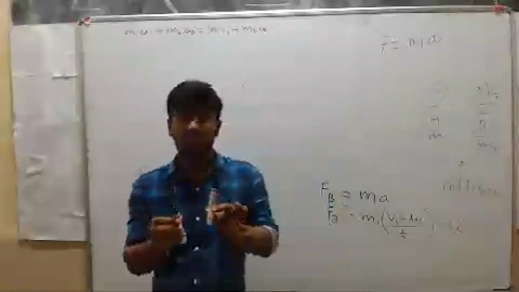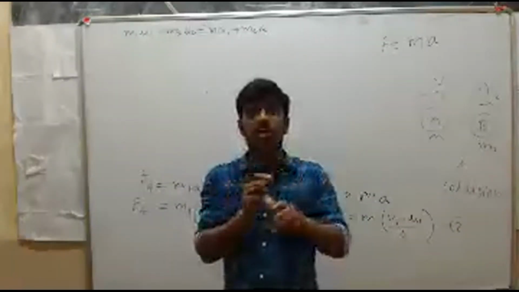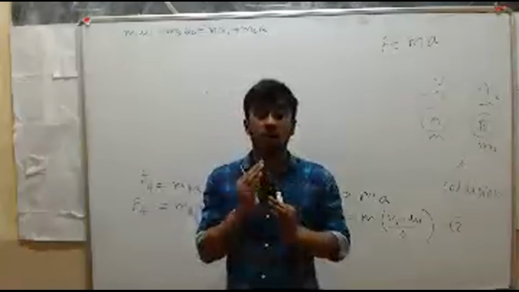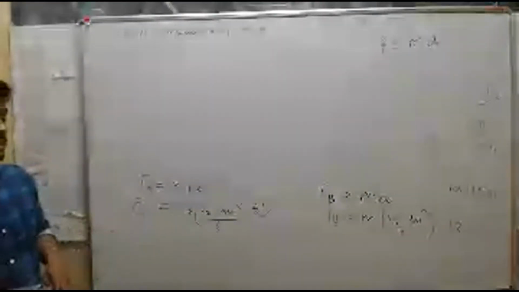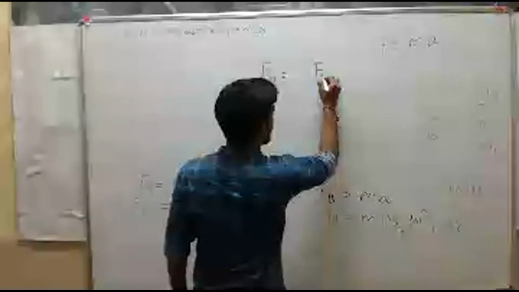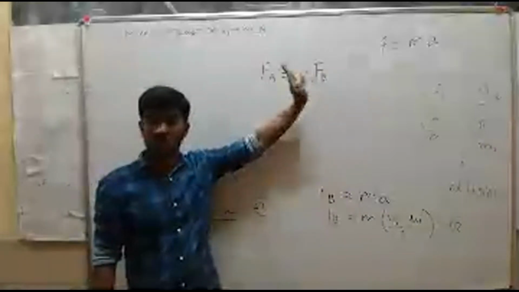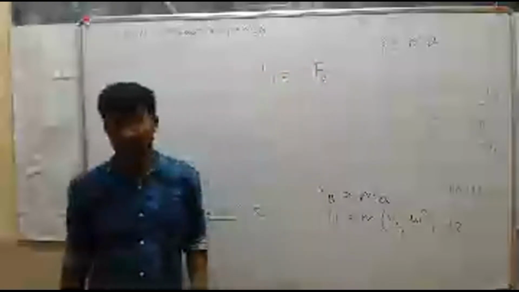Here the masses and accelerations may be different, whatever, but the force from this marker and the force from that marker are the same and in opposite directions. So according to the third law of motion, we can say that Fa is equal to minus Fb. Why is it minus? The forces are equal, but this force is in the opposite direction. That's why we put this negative symbol.